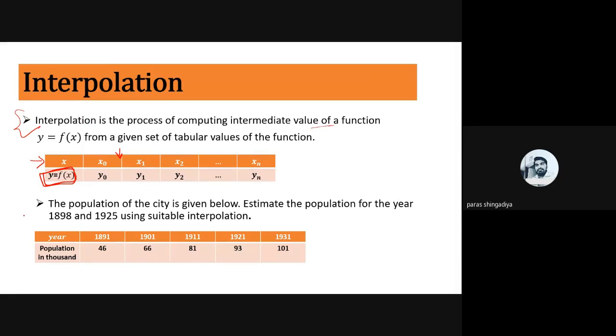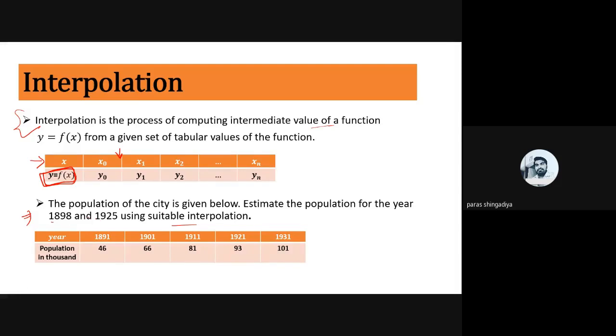Here one example is given: the population of a city, year-wise, is given below. Estimate the population for the years 1898 and 1925 using a suitable interpolation, which we'll discuss later.